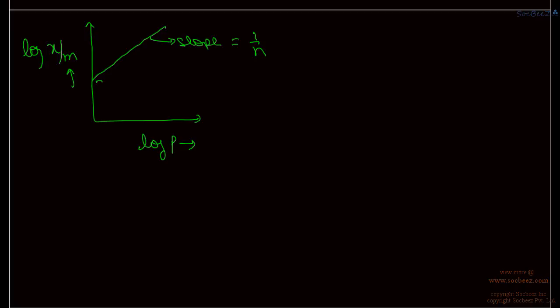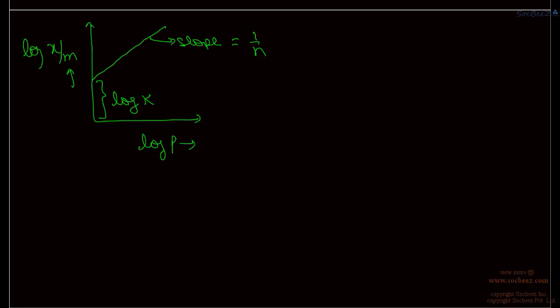The intercept gives us the value of log k, that is, the value of the constant. So from this graph we can identify the expression for the Freundlich adsorption isotherm.